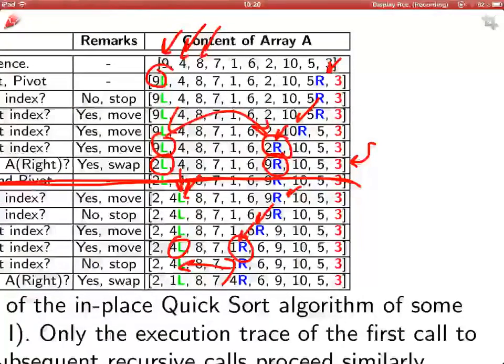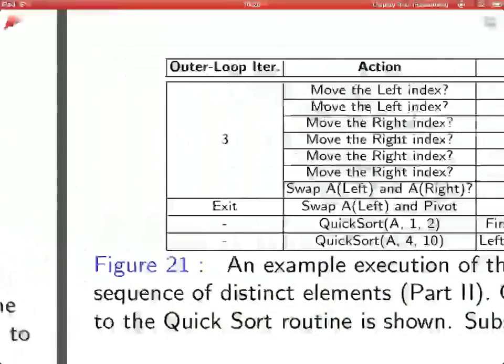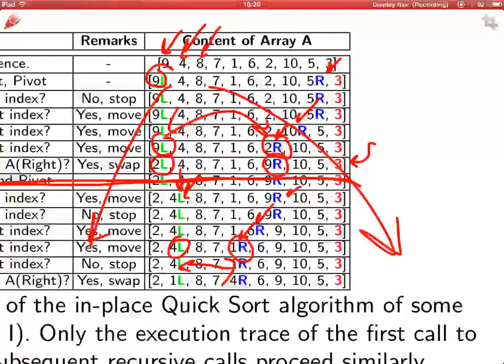And then when we stop, all we have to do is swap the last element, which is indexed by left, with the pivot. This is the pivot, because we have chosen the last element to be the pivot. And then we recursively call over the left-hand side and over the right-hand side, and that's in-place quicksort for you. A more wordy version with comments is also available for you to understand it better.